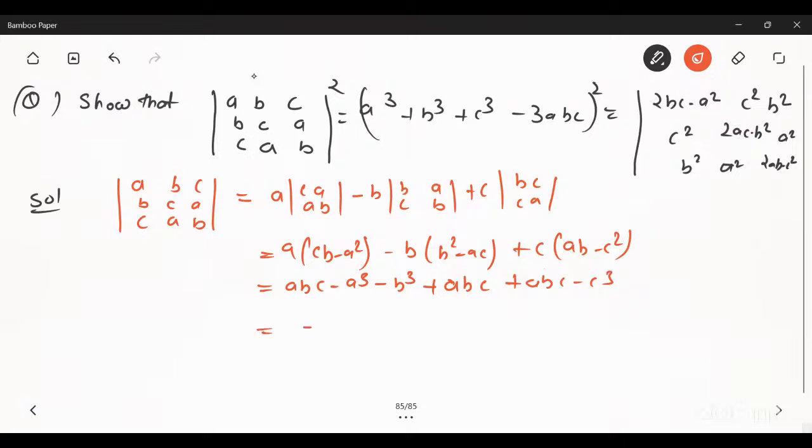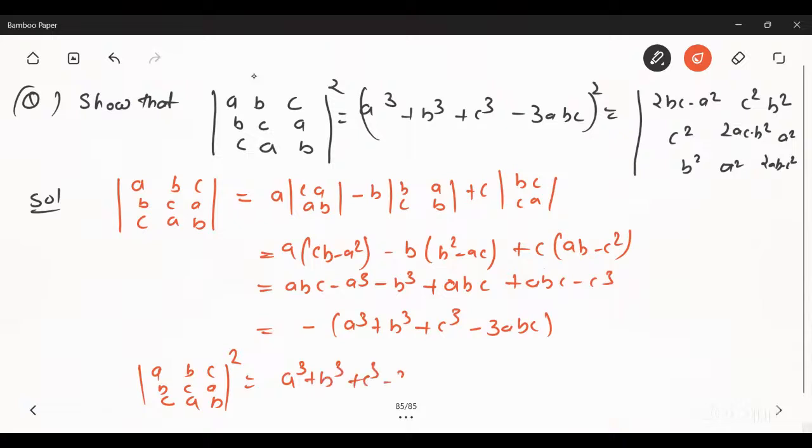So you will get minus of (a cube plus b cube plus c cube minus 3abc), because I have taken minus common. This is the value of the determinant. Now for the square of the determinant, minus times minus becomes positive, so (a cube plus b cube plus c cube minus 3abc) whole square will be its value, and we have proved that part.